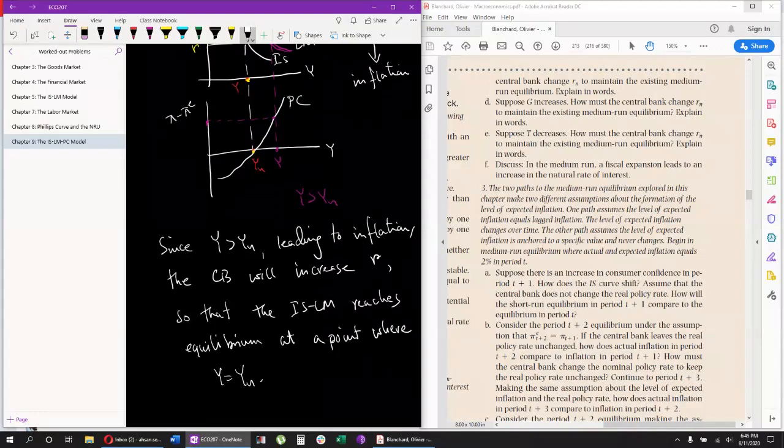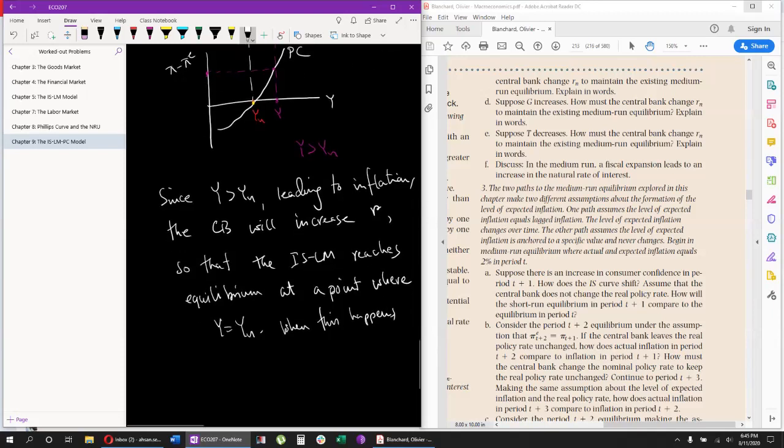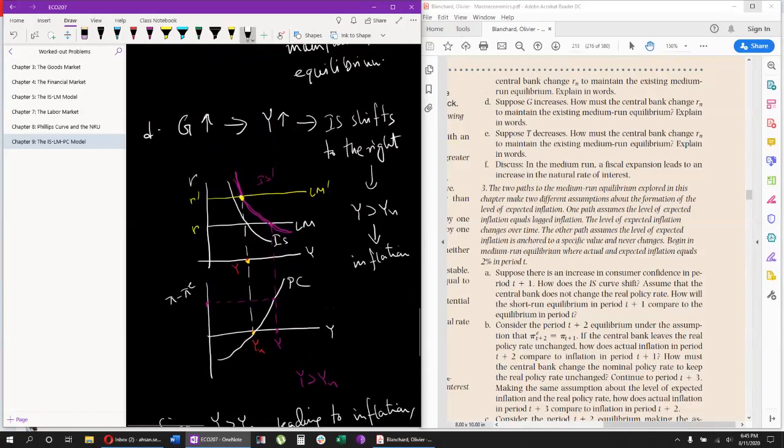When this happens, there is no more inflation. Y is equal to the expected value. So that's the answer.